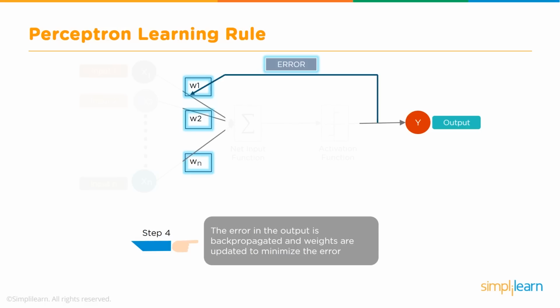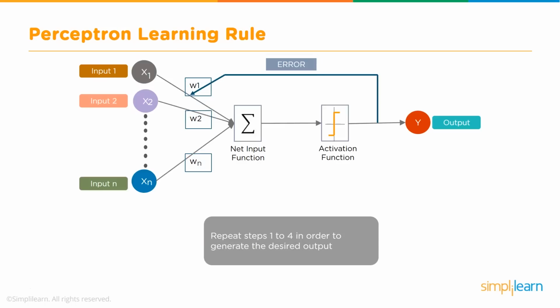The error may not ever reach zero, but the idea is to keep changing these weights and bias so that the error is the minimum possible. So this whole process is iterative, and the iteration continues till either the error is zero, which is an unlikely situation, or it is the minimum possible within the given conditions.